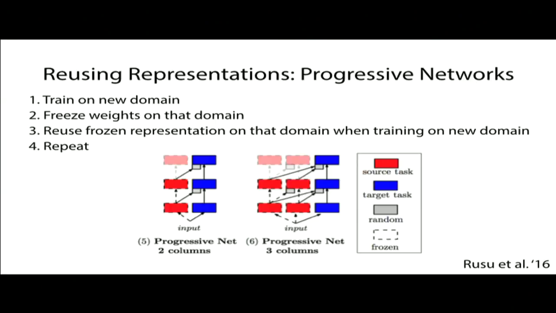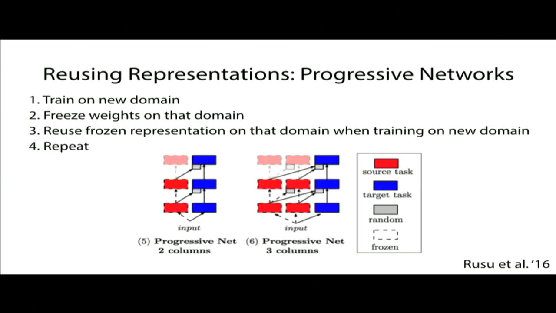Visually, the way that this works is, say red is your source task and blue is your target task. You first train a network on your source task. This is shown as the red neural network. Then you freeze the weights of the intermediate representations of that network.